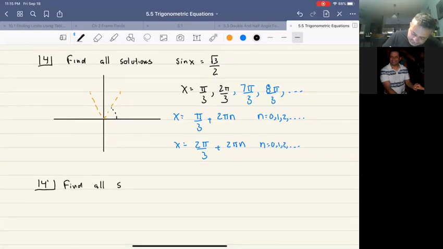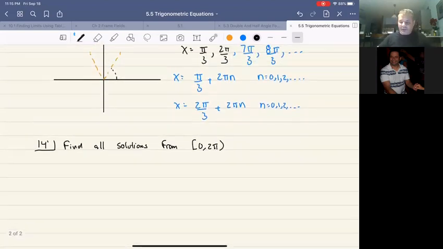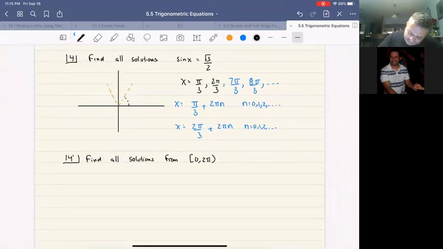Find all solutions from 0 to 2 pi. So we only need the ones from 0 to 2 pi. And I'm going to change it a little bit more: sine of 2x equals root 3 over 2.